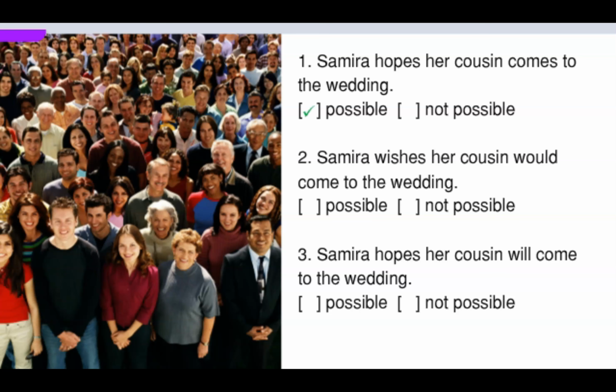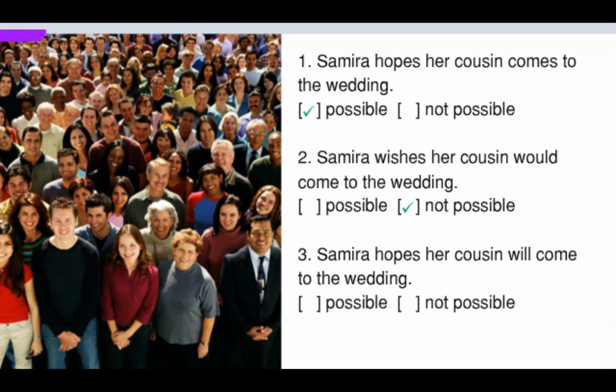Read the second sentence. Is it a possible situation or a situation that is not possible? Listen to the second sentence. Samira wishes her cousin would come to the wedding. The second sentence is a situation that is not possible.